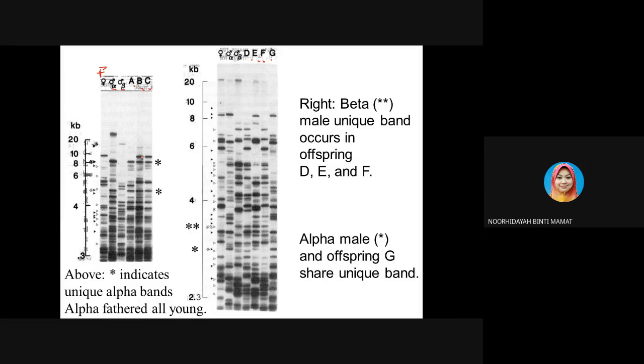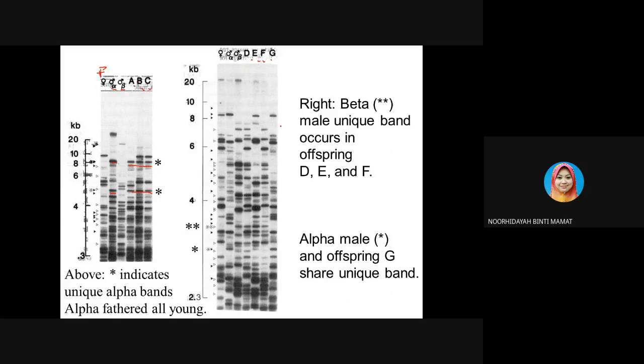If we look at this fingerprint, this line indicates the unique bands of the alpha father. So this is the band of the alpha father's young, right?